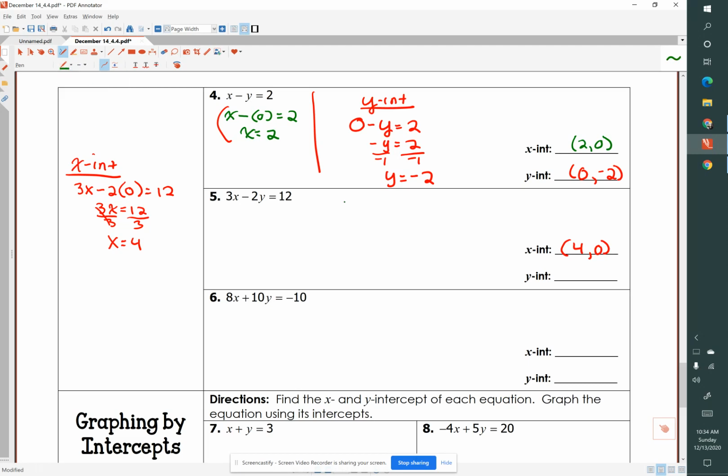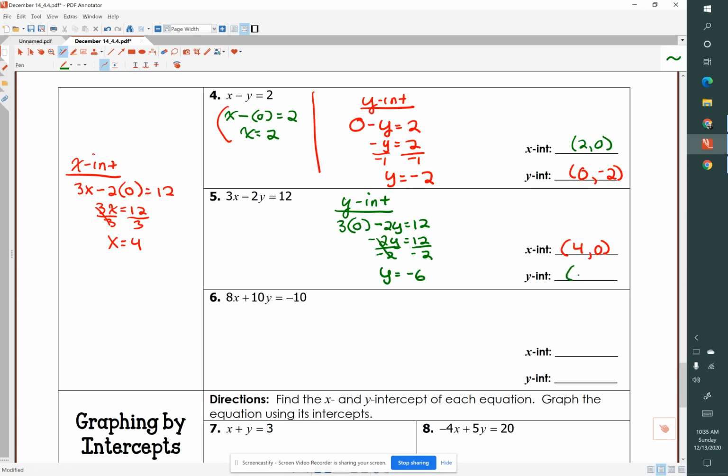Now we'll do the y-intercept, and it would be 3, we'll substitute 0 for the x, minus 2y equals 12, and 3 times 0 is 0, so negative 2y equals 12. Divide both sides by negative 2, and y equals negative 6.